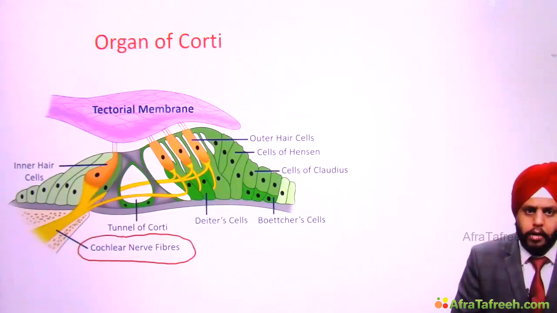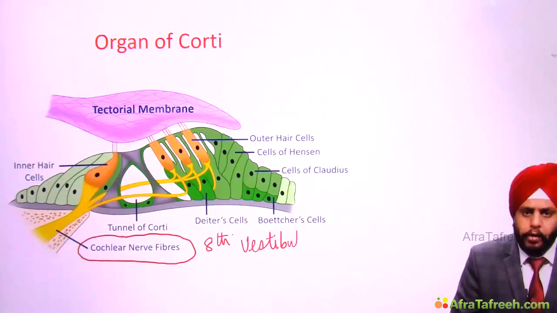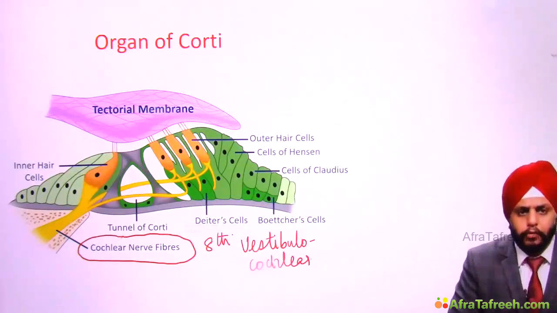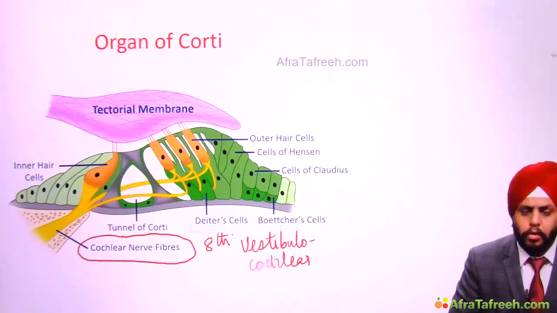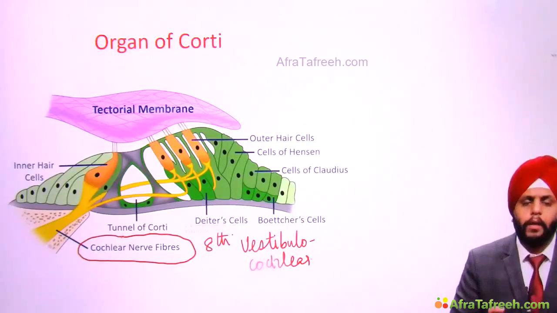The cochlear nerve is part of the eighth nerve, the vestibulocochlear nerve. It has two parts, the vestibular nerve and the cochlear nerve. This is part of the eighth cranial nerve, and it takes the stimulus from the inner ear, the sensory organ of Corti, to the brain.